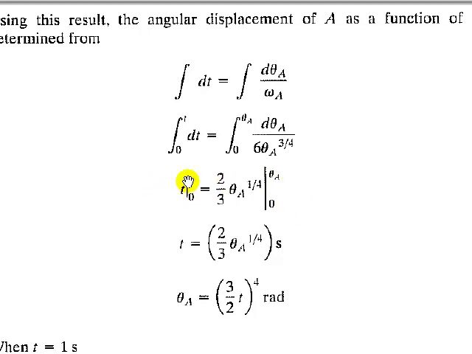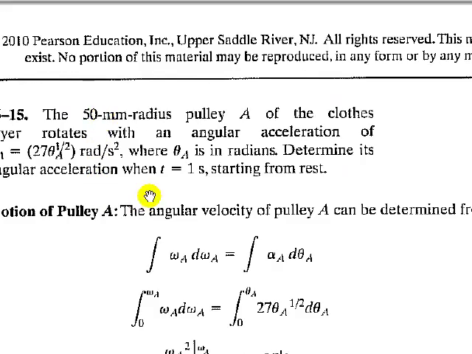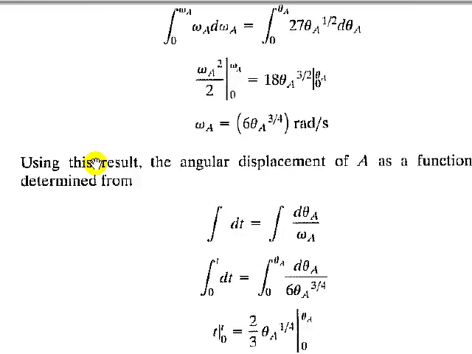And we have t from 0 to t, which just gives us t is equal to a function of theta. And in this case, we wanted to find, let's see, what did we want to find? Determine the angular acceleration when t equals 1 second. If we can find theta for t equals 1 second, then we can find that angular acceleration.